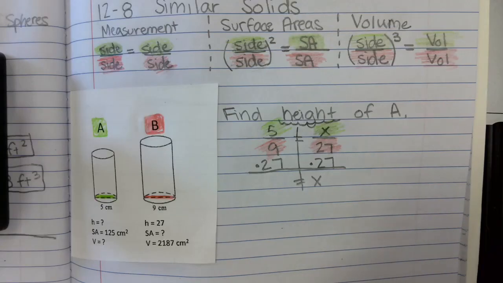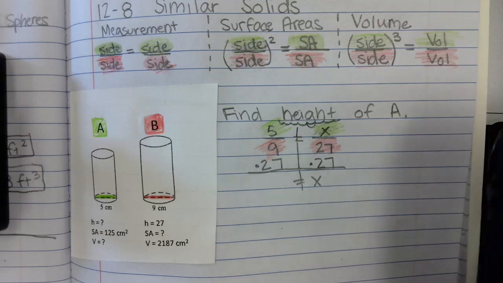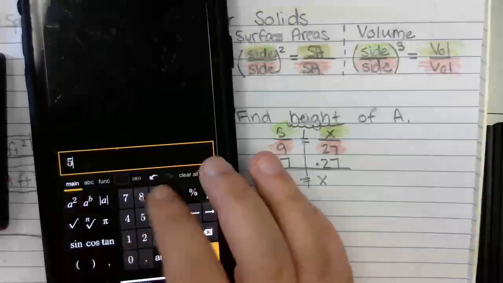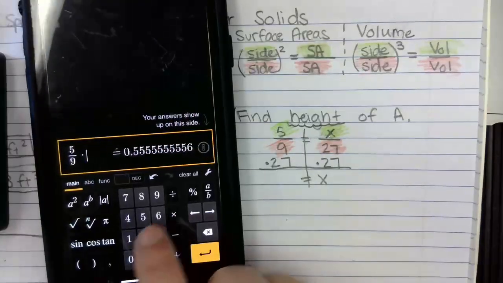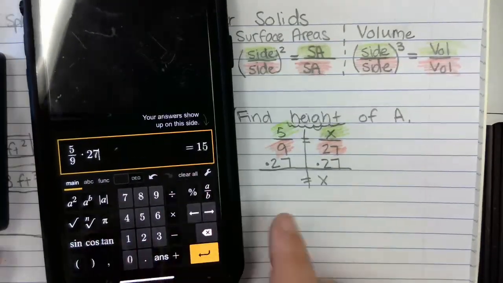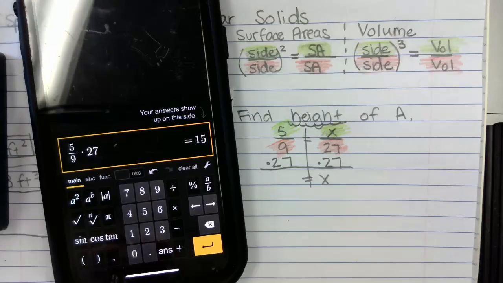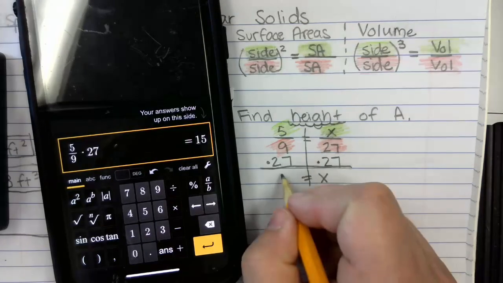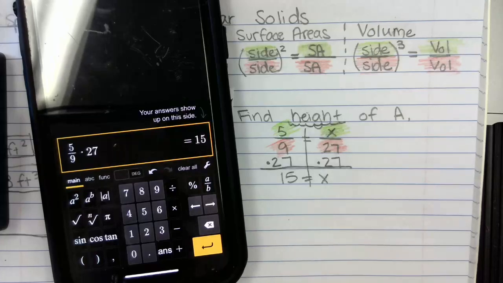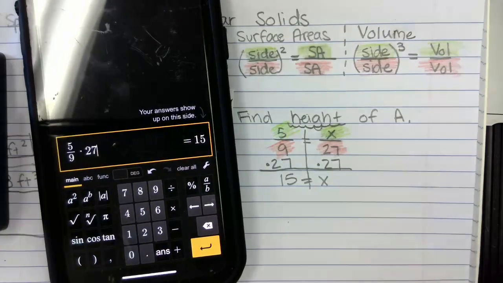And I'm going to throw that into my Desmos calculator. So 5 over 9 times 27, and we get 15. But we want to make sure we're labeling it correctly.